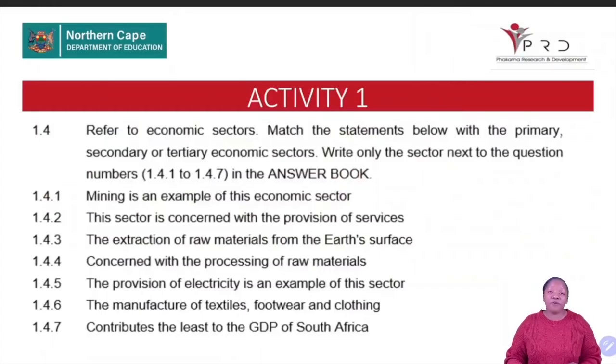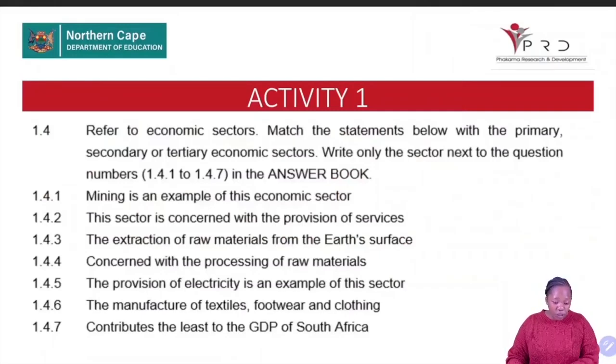And then our fourth question, it concerns the processing of raw material. And then our fifth question is the provision of electricity is an example of this sector. So you will remember there in question number 5 that electricity is a service. So you must be able to identify if it's a service, which sector does it belong to.